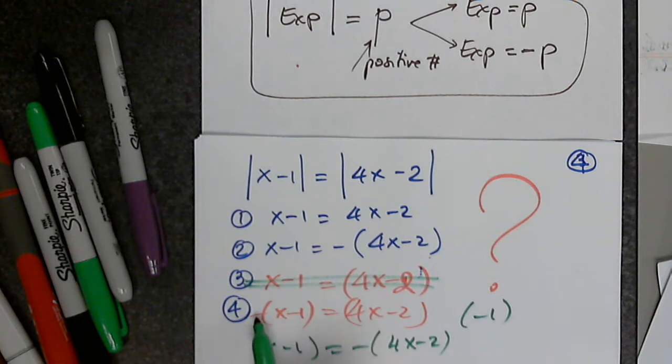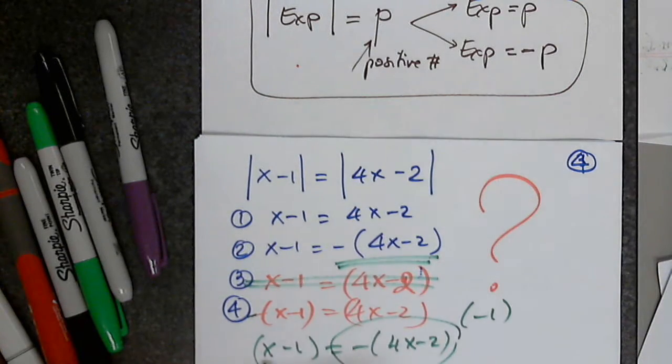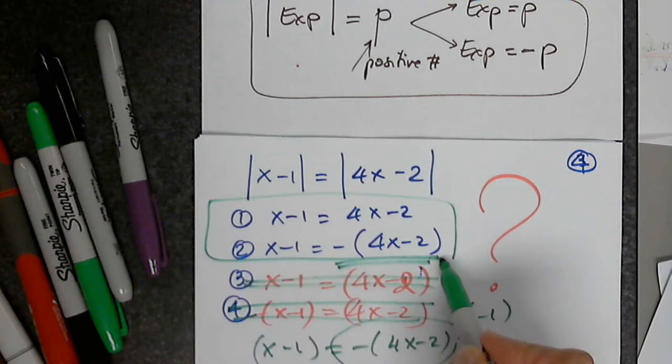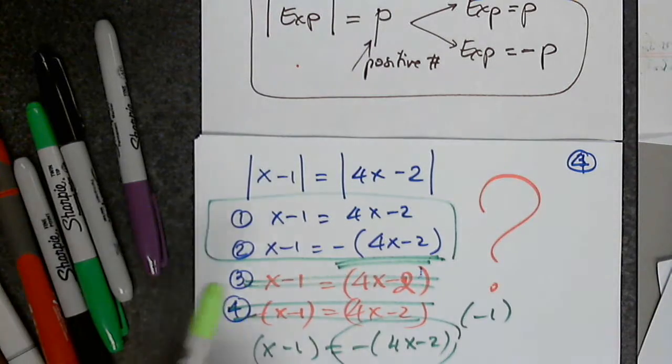There was a minus in front, it became positive, and there was no minus in front and it became negative. But this piece is identical with this, and this piece is identical with this. So bottom line is we only have two options. The other two are a repeat of the previous two. So let's go ahead and solve them.